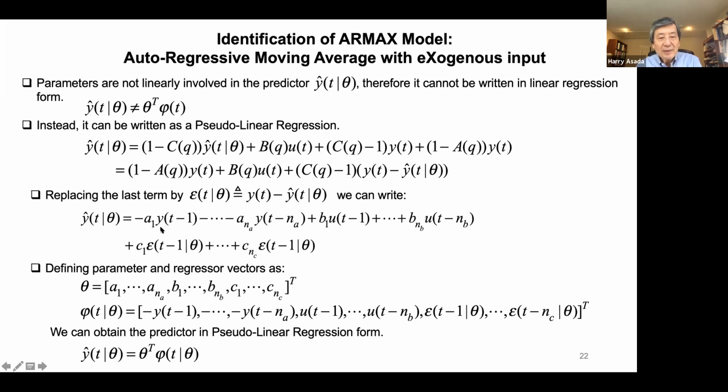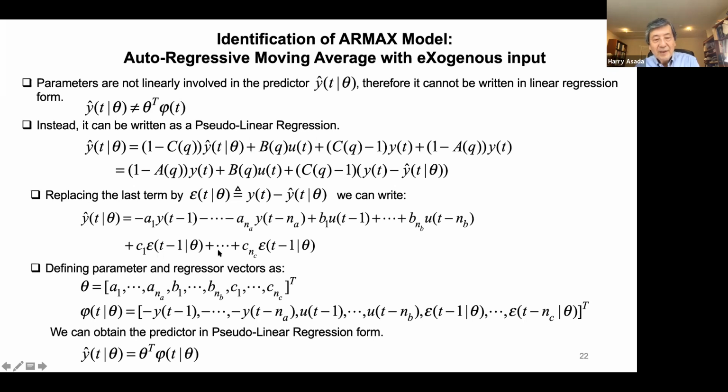The first one comes from A1 y t minus 1, and then this one expanded to B1 u t minus 1 up to B u t minus N. Here we go to this term, starting with C1, and then we replace this guy with epsilon t minus 1, right? The first term is Q minus 1, so a time shift.